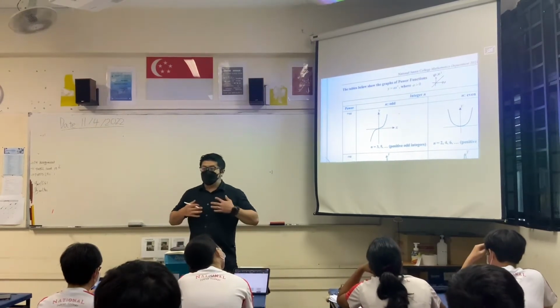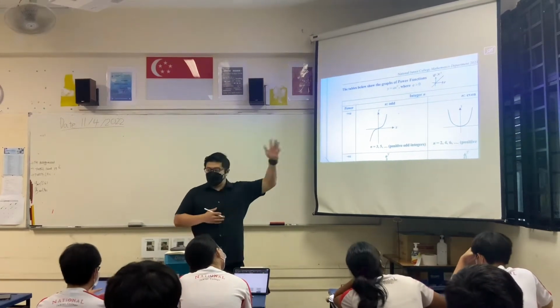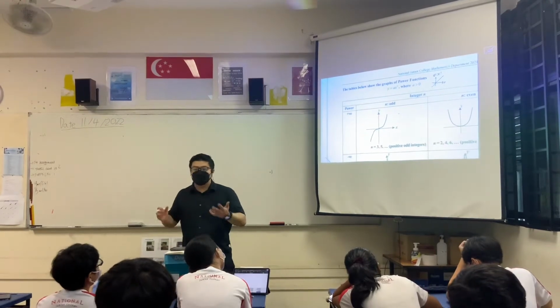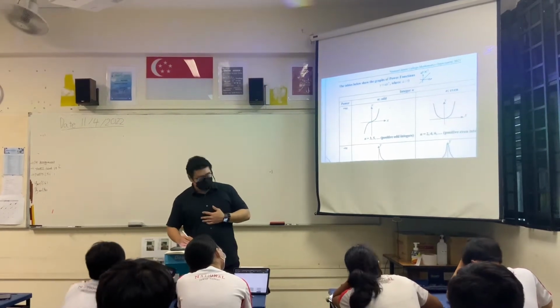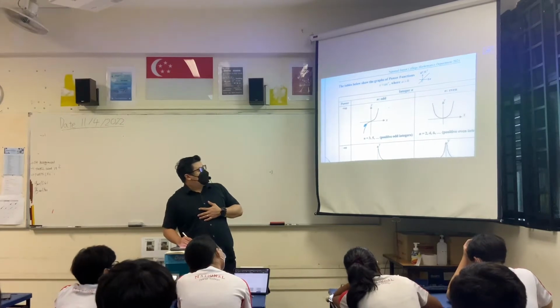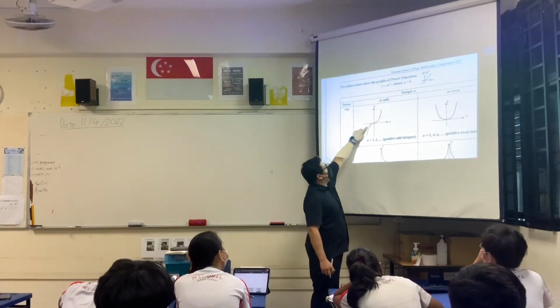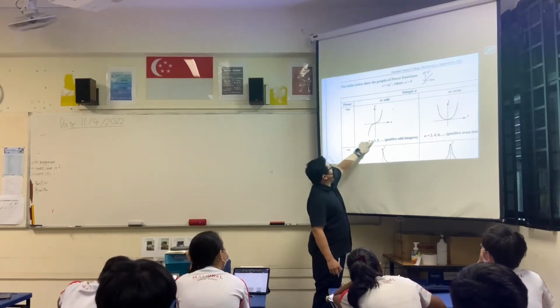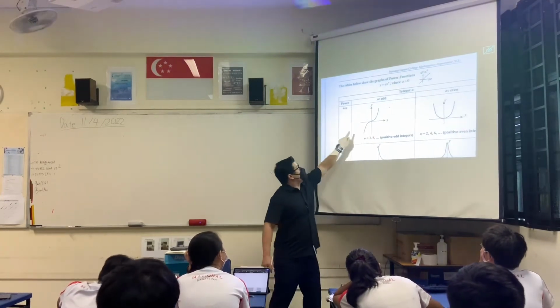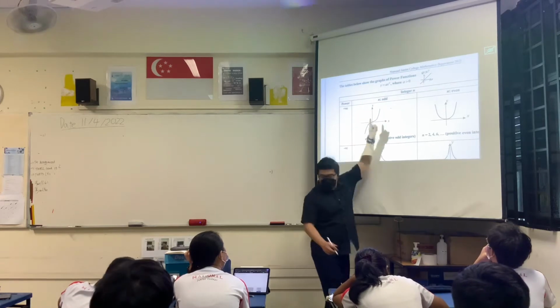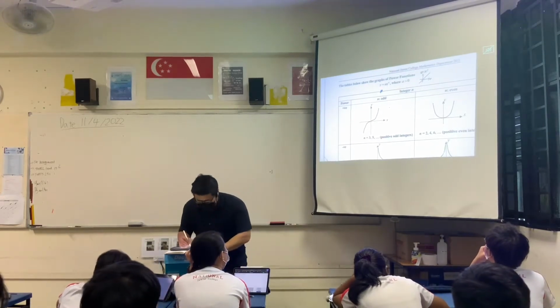So for your part today, when you look at this, try to memorize. It will take time. For example, negative 1 to the power of 3. An example like this, you see positive x to the power n.